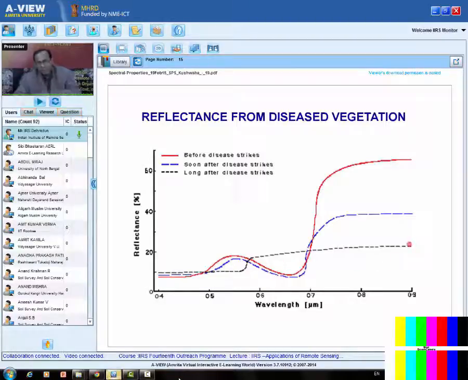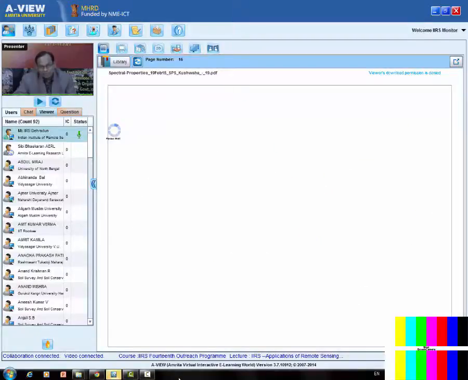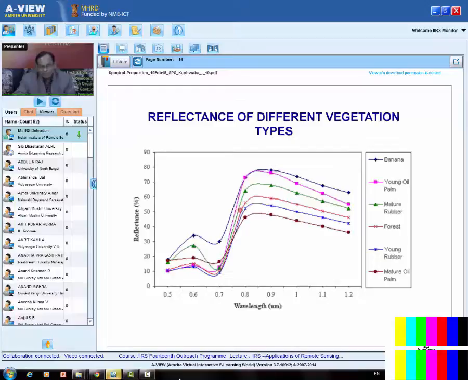People often ask me how to detect disease using remote sensing, and this diagram is just a one-line explanation for that. Diseases of all kinds modulate the chlorophyll content and the cell structure, and therefore change the reflectance pattern of the vegetation, which provides contrast from the healthy one, and that is the way we identify diseased vegetation.